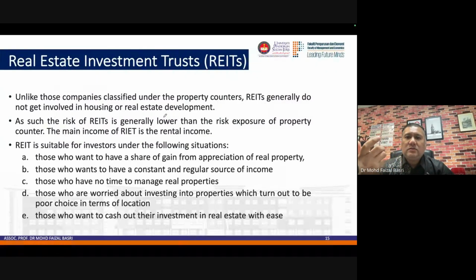So instead of you invest dengan higher risk of investing of real estate ataupun the actual property, you boleh mengurangkan risiko dengan invest dalam REITs ni. And it is suitable for those yang nak try to gain rental income ataupun dividend.